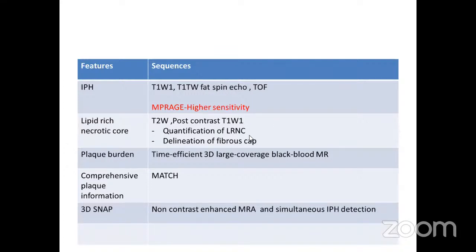These images can help in the quantification of the lipid-rich necrotic core and delineation of the fibrous cap. Plaque burden can be easily demonstrated on 3D large coverage black blood MR. If you want comprehensive plaque information, the MATCH sequences can give that. And 3D SNAP gives simultaneous IPH detection, and also includes non-contrast enhanced MRA with simultaneous IPH detection.